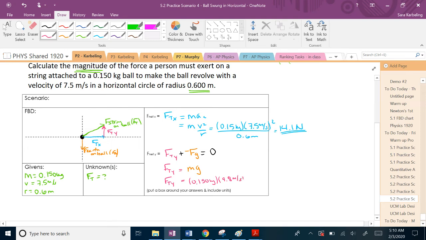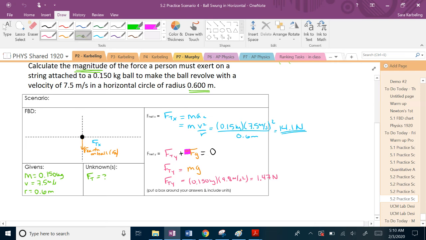Again, just to reiterate, we already took that negative into account. That's right here, okay? So that means we don't need the negative sign in our calculation. And so we find that in the y direction, the tension is not very big, right? Especially compared to the other one. It's only 1.47 newtons, but that's a non-negligible number, okay?